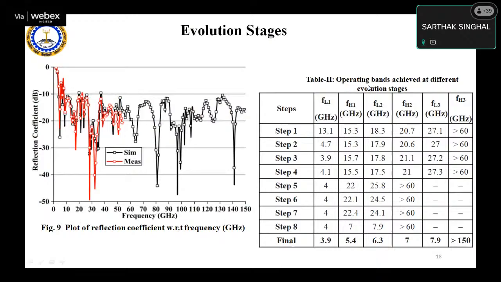This is the comparison between the simulated and the measured result. Due to the availability of measurement facilities only up to 53 gigahertz, the S parameter measurement could be done only up to this, which is in quite good agreement with the simulated results.